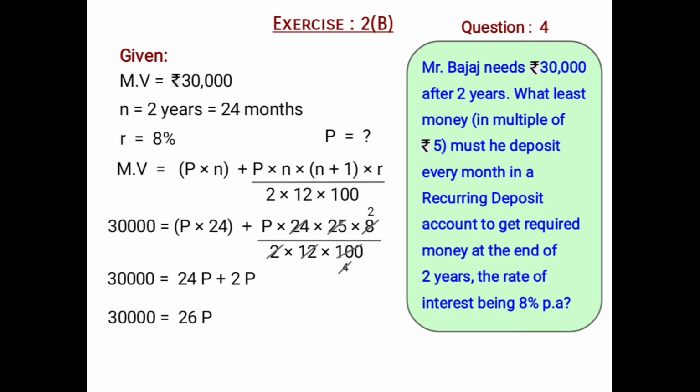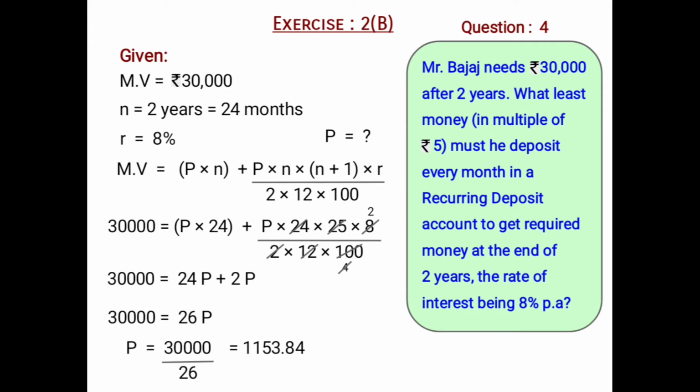Now we are going to find the value of P. So P is equal to 30,000 divided by 26. When we divide this further, we will get 1153.84.